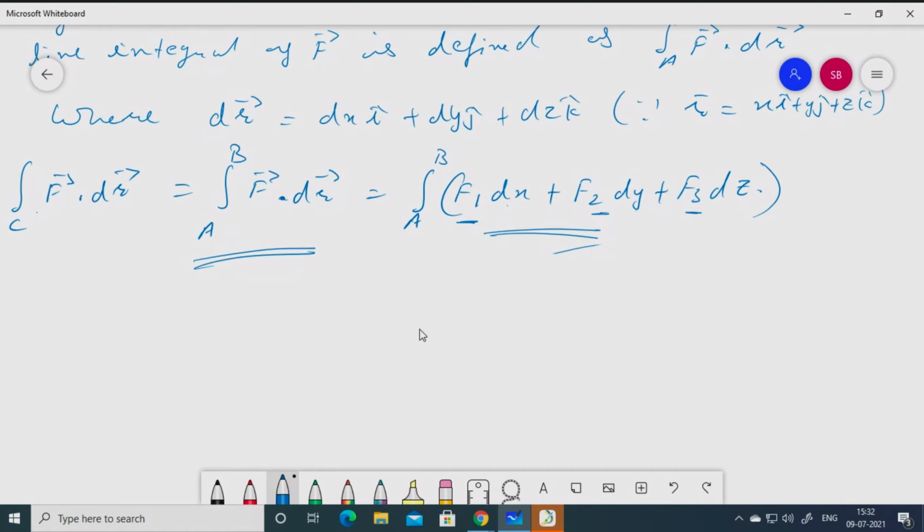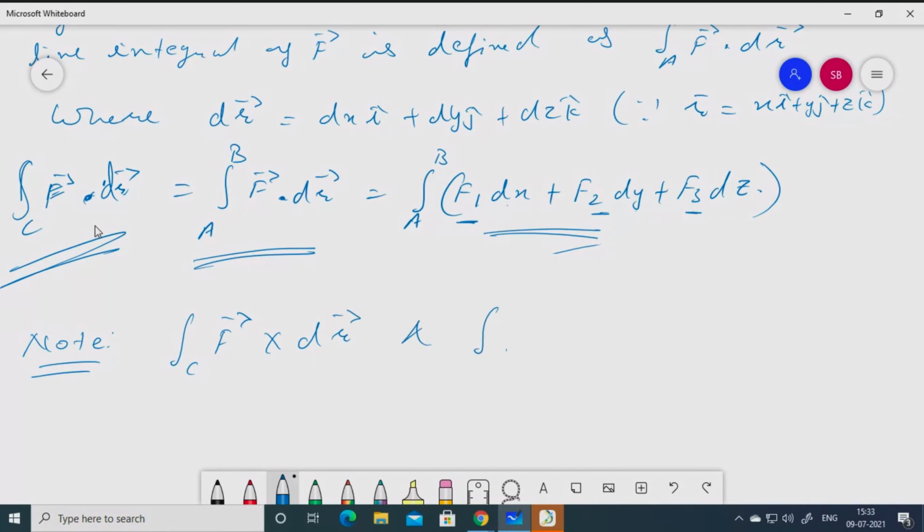Now there are other types of line integral also. This is one integral: integral over C of f bar dot dr bar, the dot product you are taking. So this is one line integral, and we are going to use this one only. Other line integrals are integral of f bar cross dr bar and integral of phi dr bar.